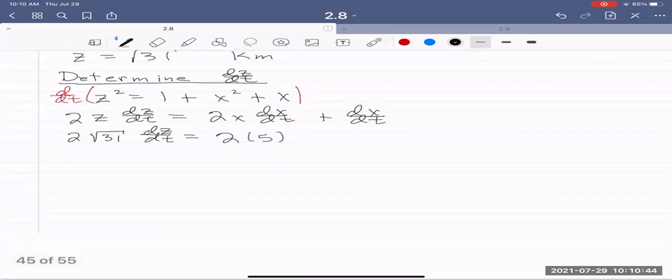Let's divide both sides of my equation by 2 radical 31.